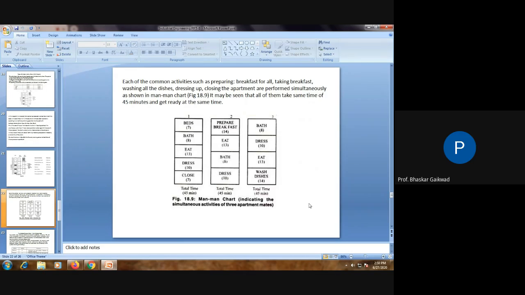It may be seen that all of them take the same time, 45 minutes, and get ready at the same time. So here we can calculate the total time for each apartment and each activity.